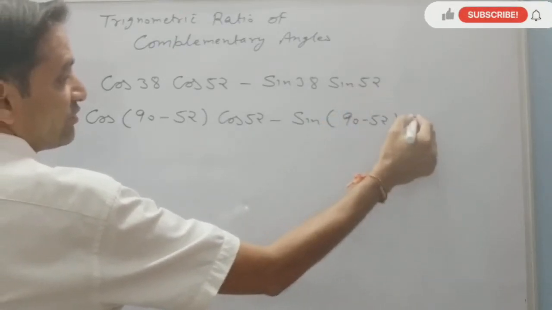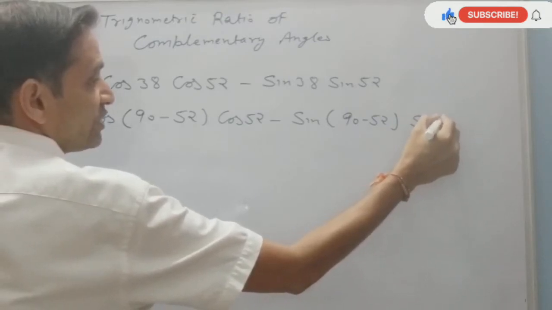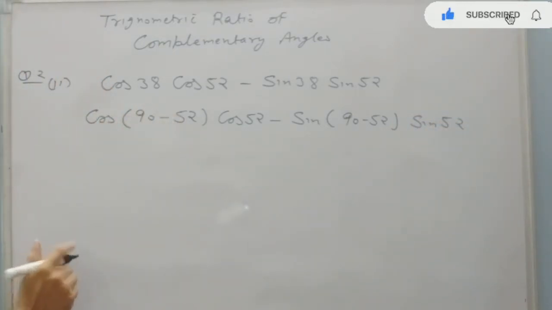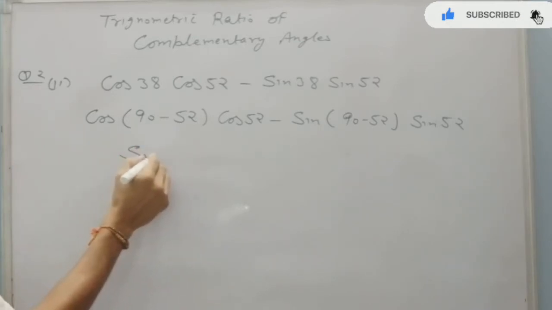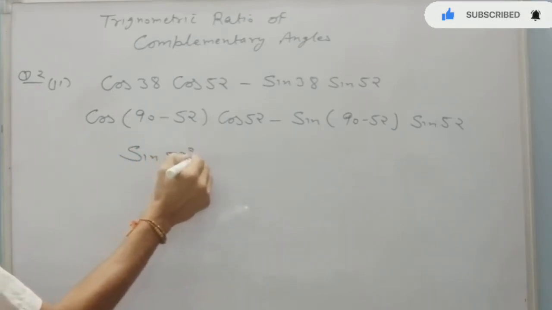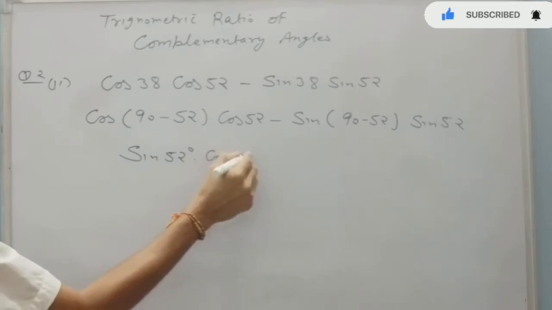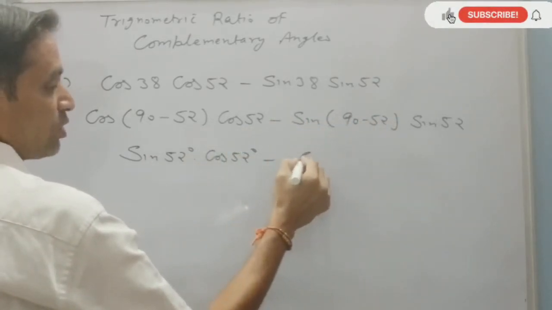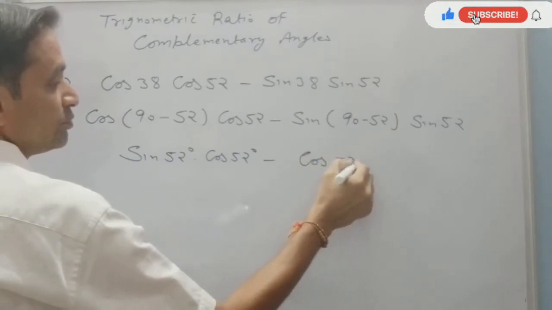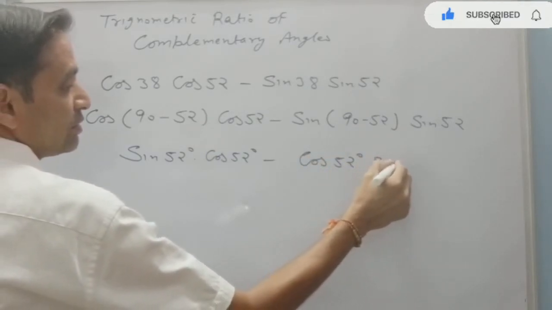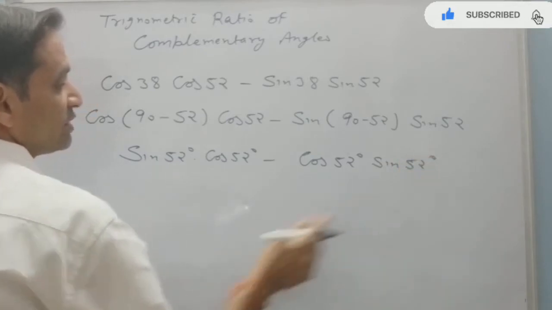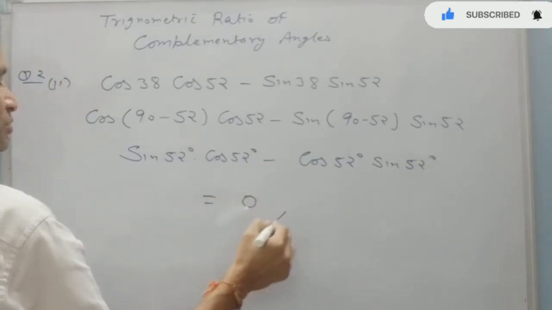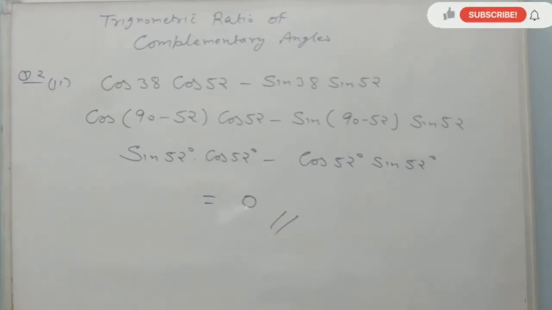So there is a 52, I will not change it, sin 52 as it is. Cos 90 minus theta means sin theta, it will become sin 52 degrees, and this cos 52. Similarly, sin 90 minus 52 means cos 52, and that is sin 52 degrees. Both are the same. With subtraction, it will be equal to 0. Answer.